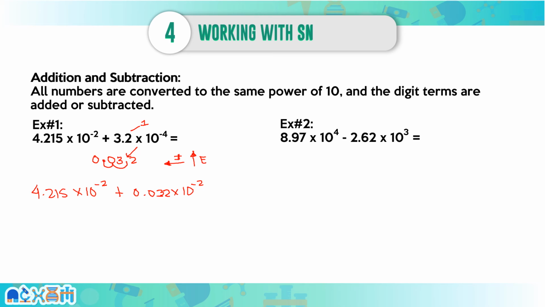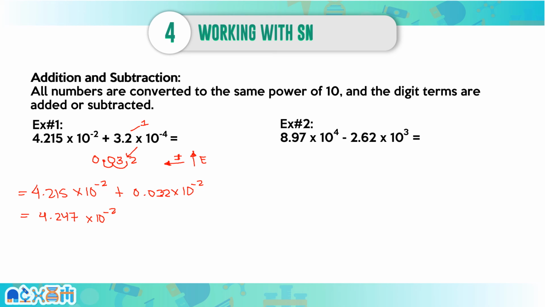So 4.215 times 10 to the negative 2 plus 0.032, you're going to have an answer of 4.247 times 10 to the negative 2. We just have to copy the exponents since they are equal.